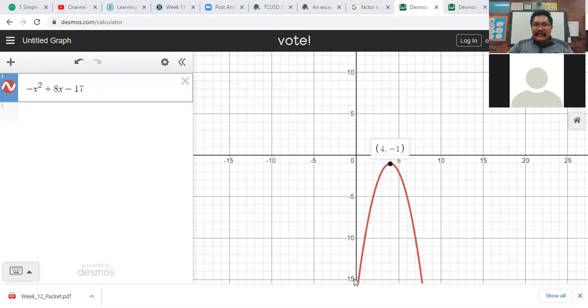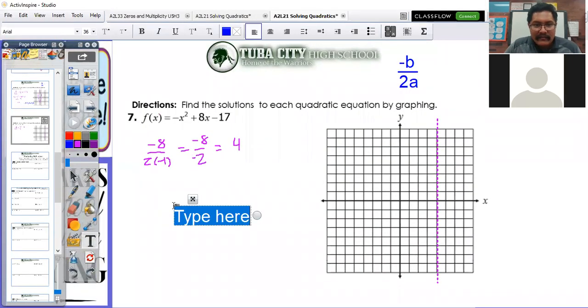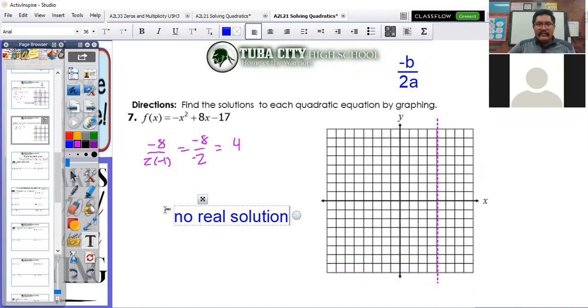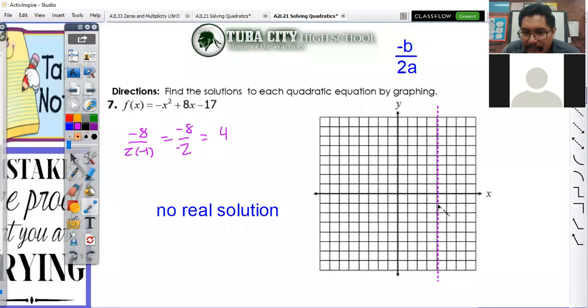So what do we call that? I'll tell you what we call it. We call it no real solution. So remember, that was the third option. Usually with most parabolas, you'll have 2 solutions, sometimes 1 solution, and in this case, no solution.